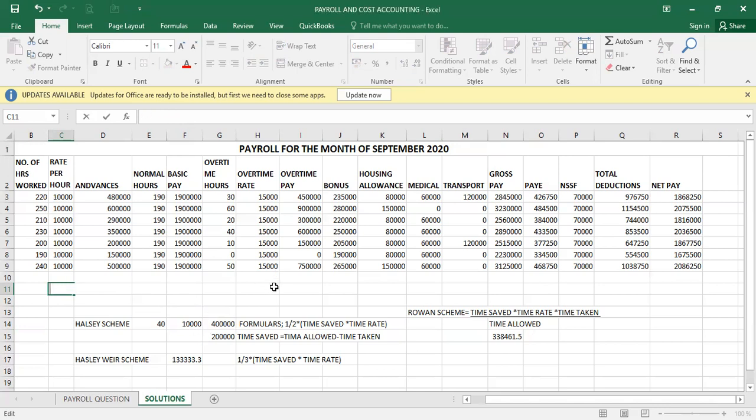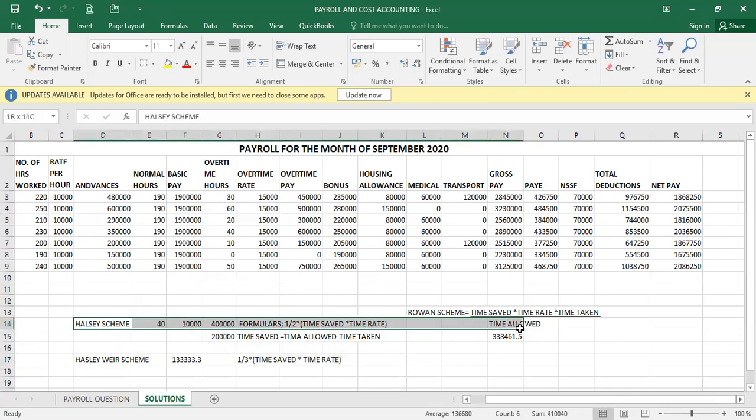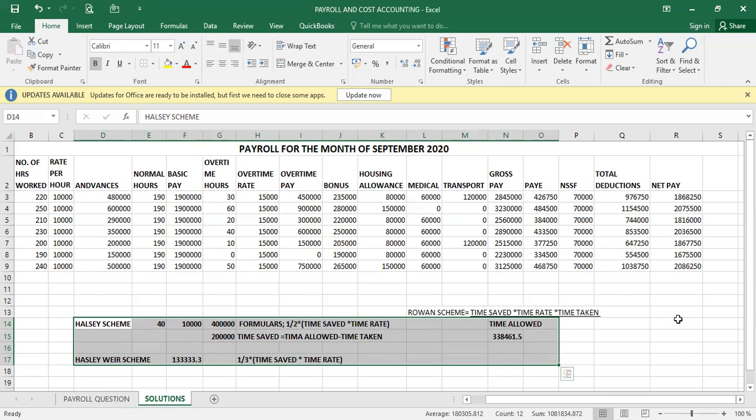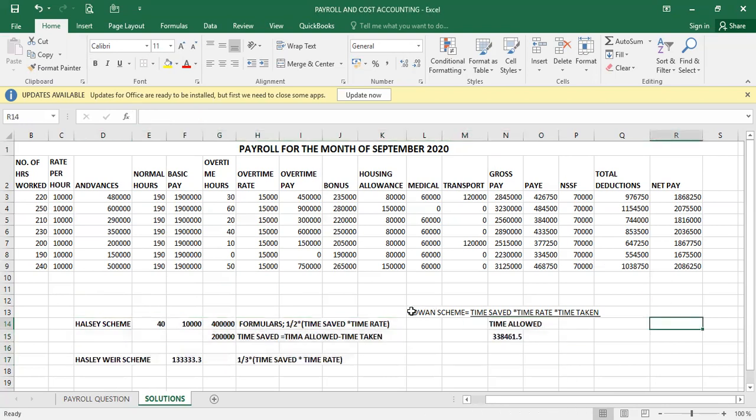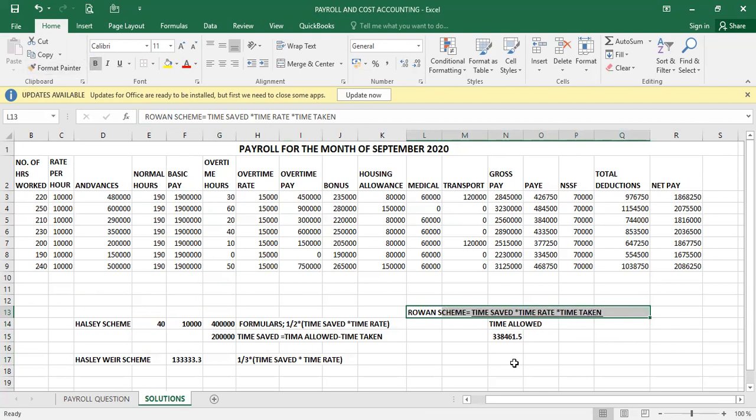So allow me to stop here for today. I hope you guys have benefited. Let me highlight this and make it a bit broad. You can try to put our currency signs if you want.